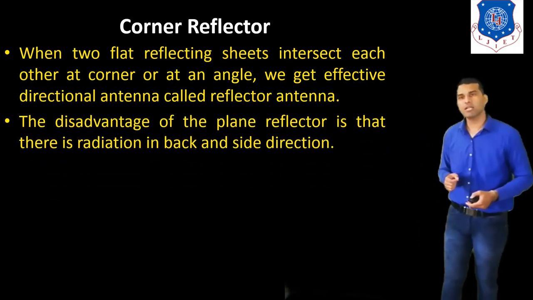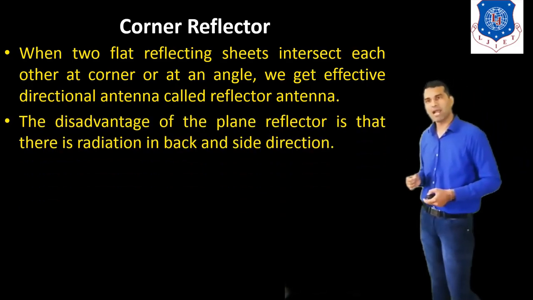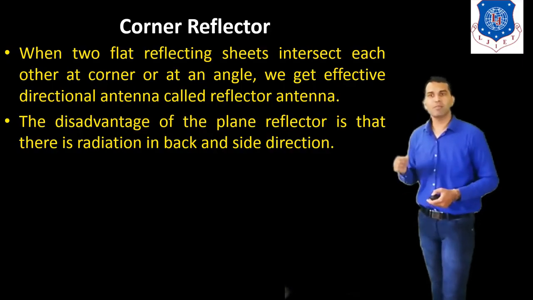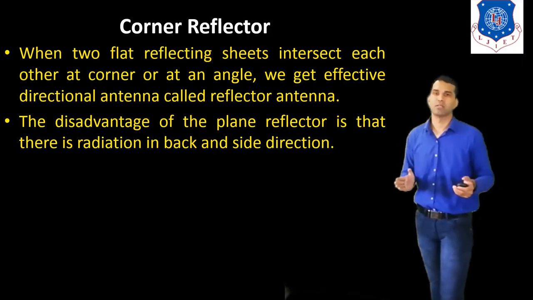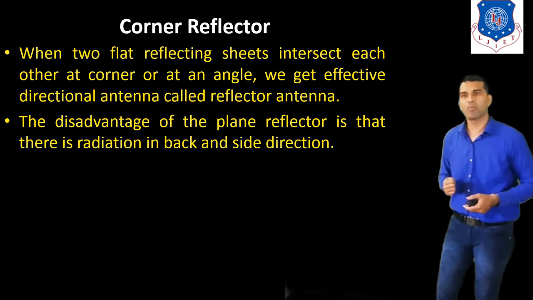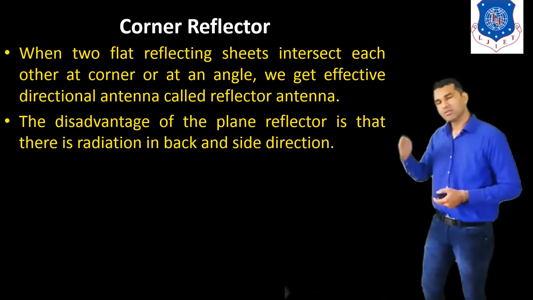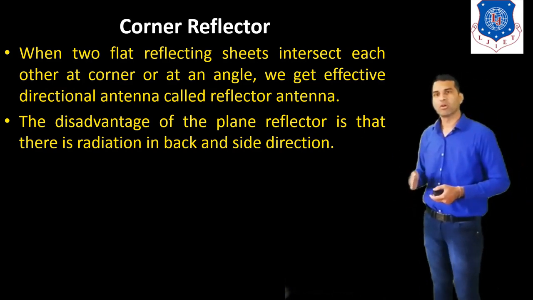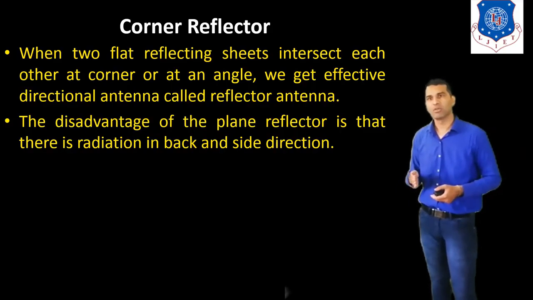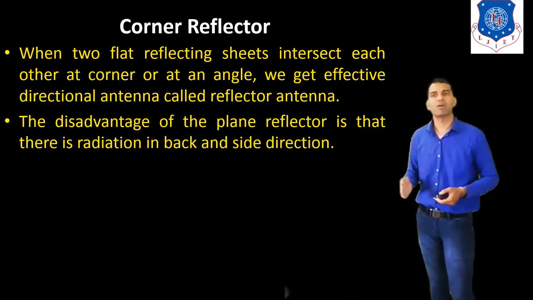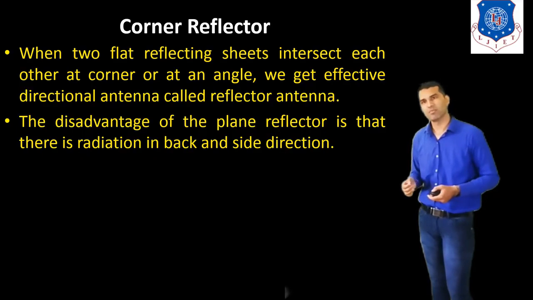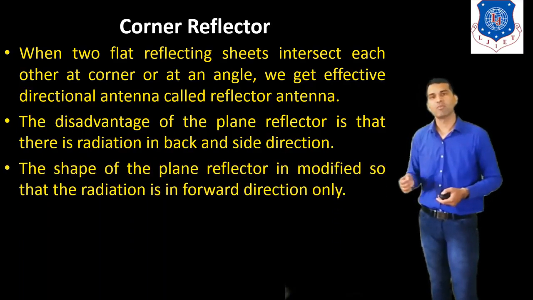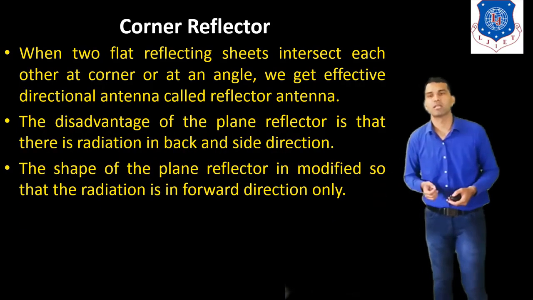The disadvantage of the plane reflector is that there is radiation in the back and side directions. So in the plane sheet reflector, there is slight radiation in the backward and side directions, which we can reduce by using this corner reflector.